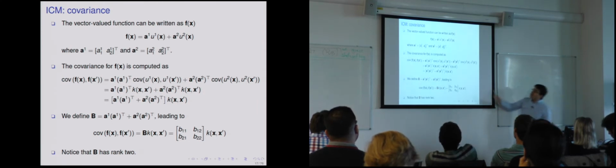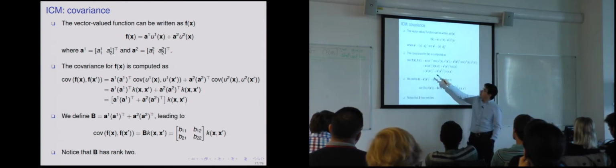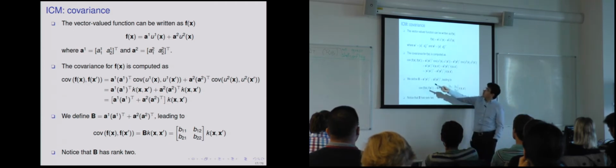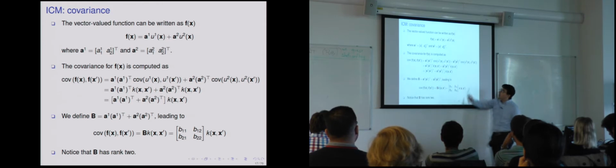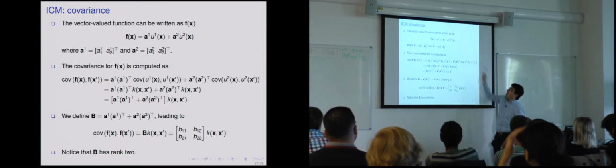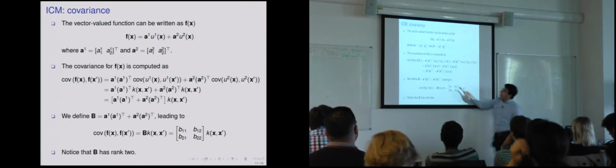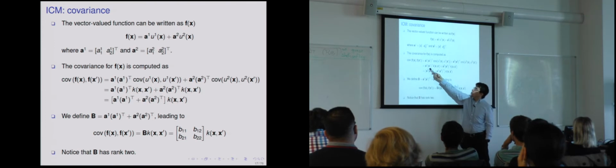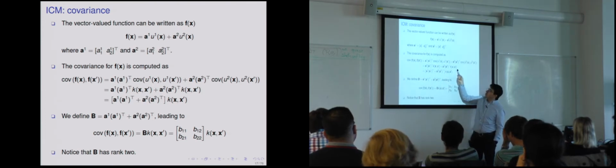Then I can compute the covariance as we did before. I'm just doing it here more quickly. You just compute the covariance, and since these two processes are independent, I can compute the covariance for the first term plus the covariance of the second term, and I get this expression here that reduces to this expression, and reduces to this expression.